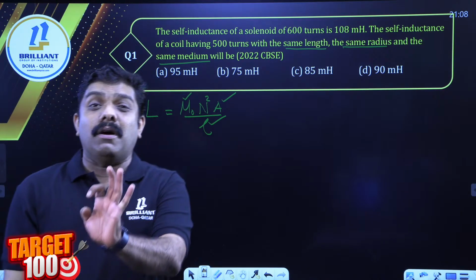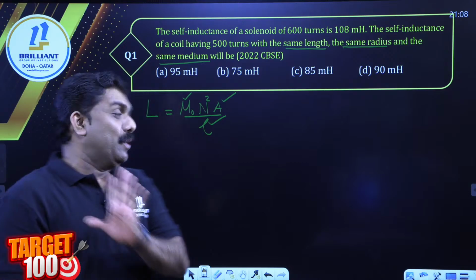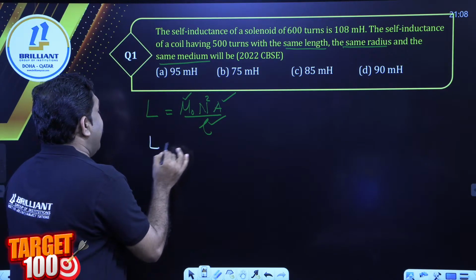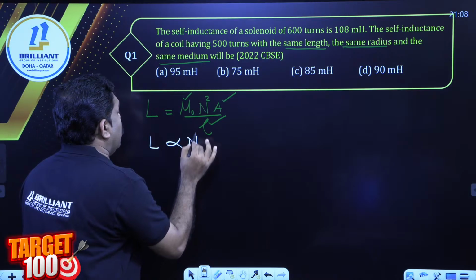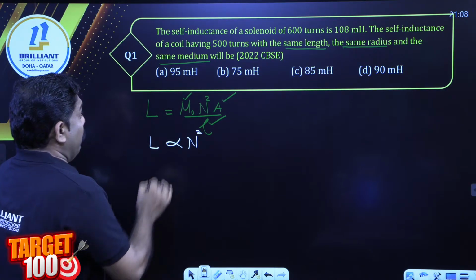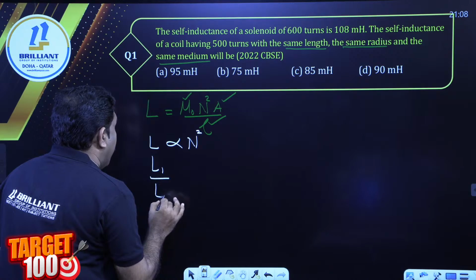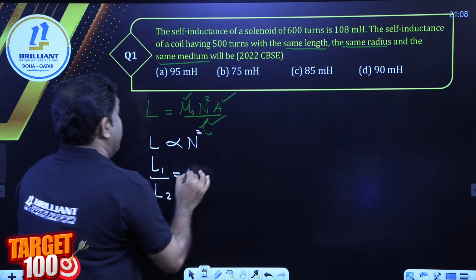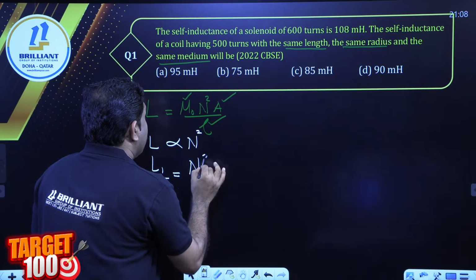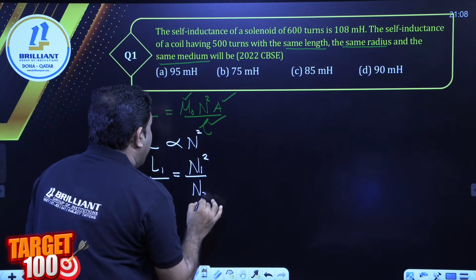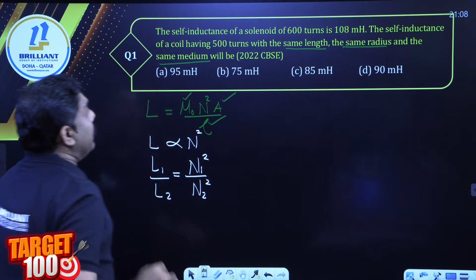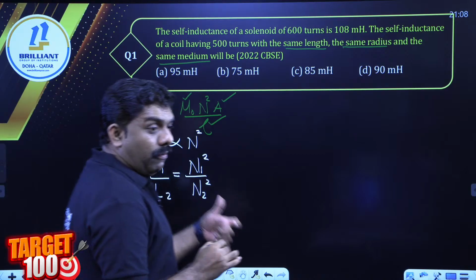So L depends only on n square, that is, L is directly proportional to n square. So we can take the formula L1 divided by L2 equals n1 square divided by n2 square. Now we substitute the values.